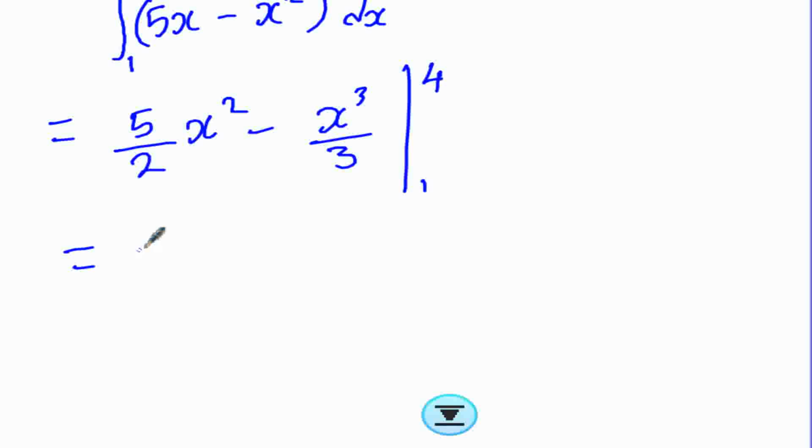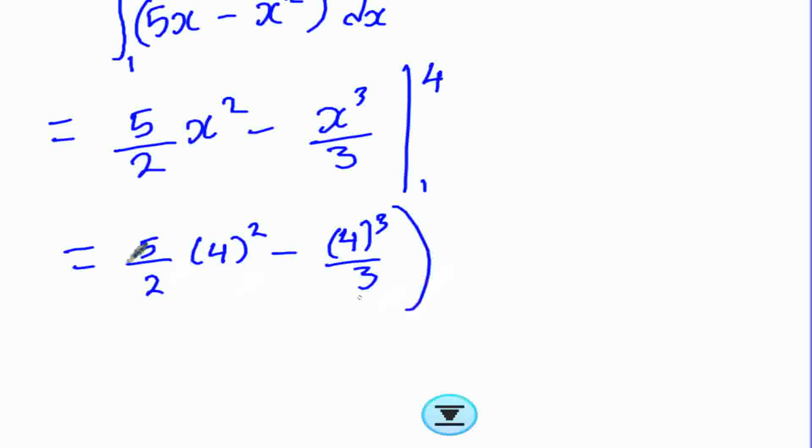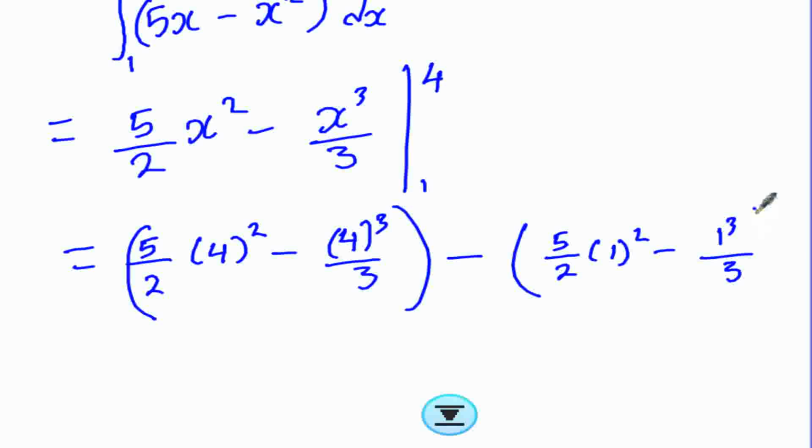So this one will be 5 over 2 into 4 squared minus 4 cubed over 3, everything minus 5 over 2 into 1 squared minus 1 cubed over 3.